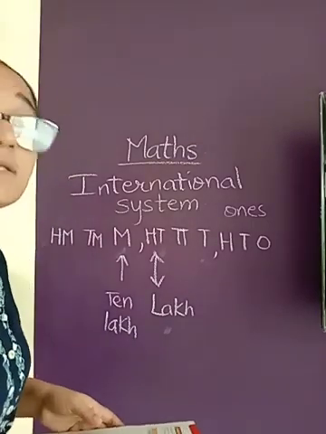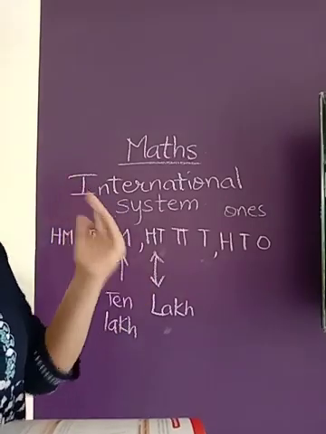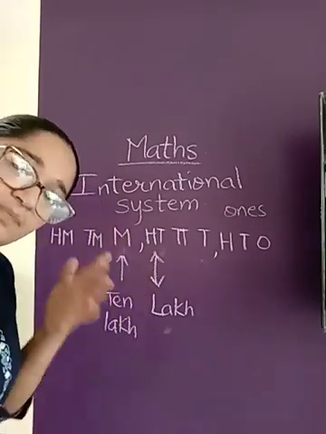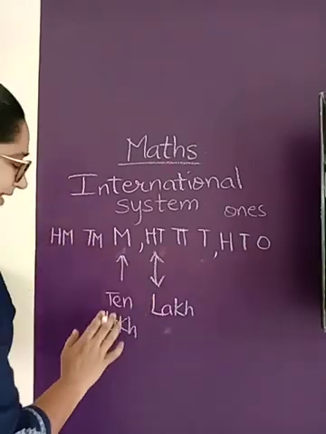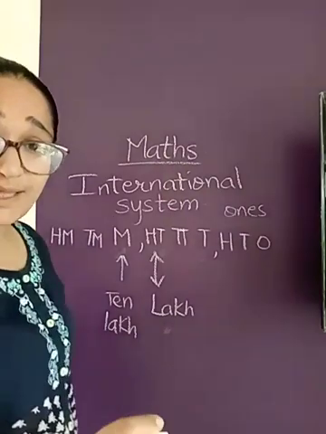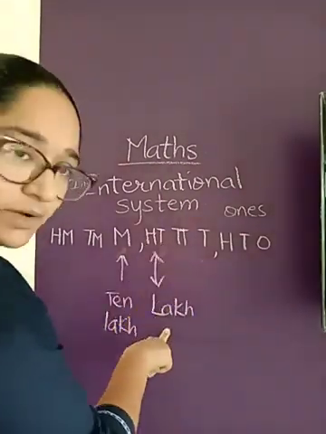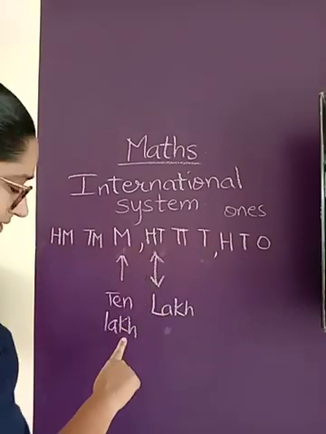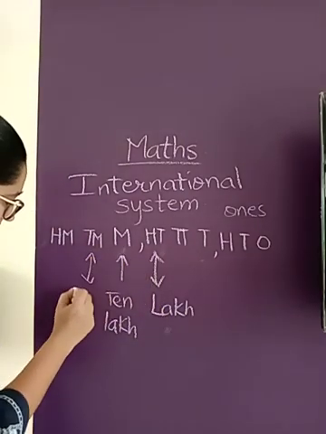Again 3 values in that: billion, 10 billion, 100 billion. So the use of lakhs and crores is not there in the international system. So 100,000 is equal to lakh, million is equal to 10 lakh, 10 million will be equal to crore.